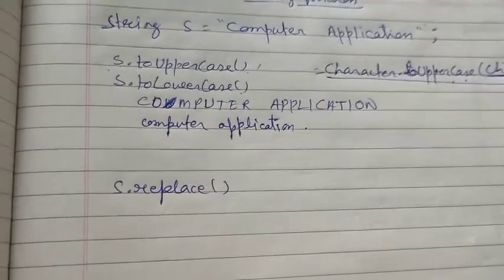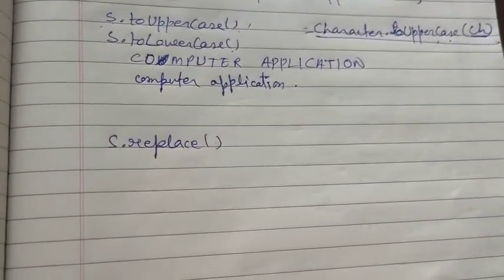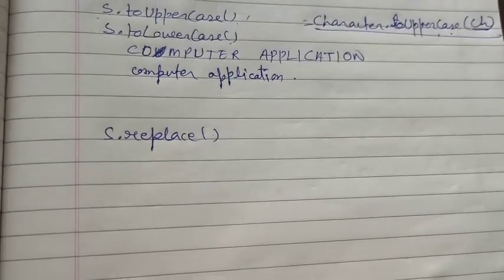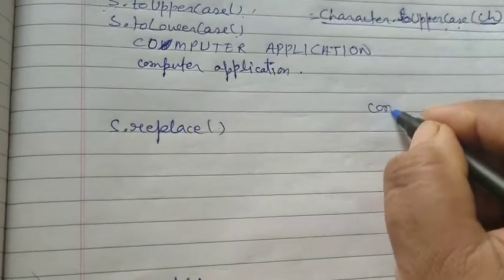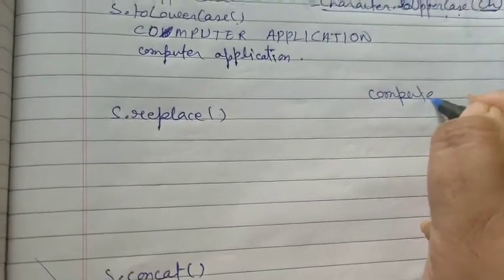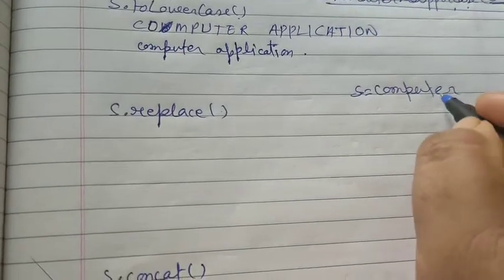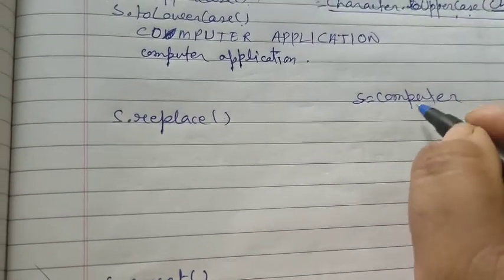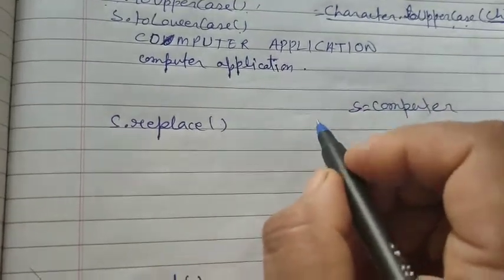Okay, now come to the next, that is replace. Replace also has two parts. One is you can replace a character. Maybe you have a string s equal to "computer", and you want this u to be changed to a.